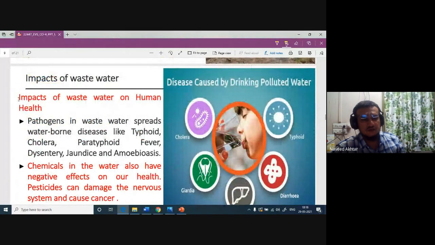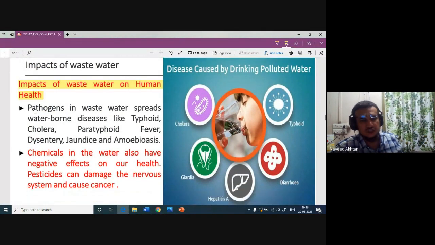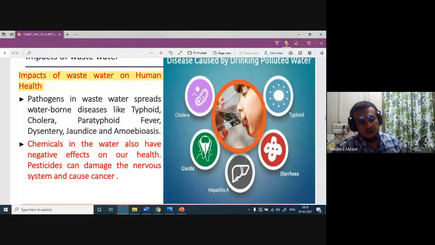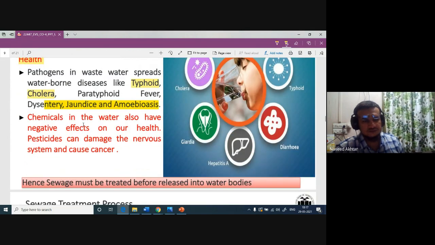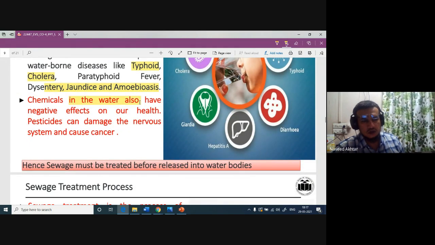Also, the impact of wastewater on human beings, we have already seen earlier. Pathogens in the wastewater spread waterborne diseases like typhoid, cholera, dysentery, and many other diseases, fever, diarrhea, hepatitis. These are the diseases caused by drinking polluted or wastewater. Chemicals in the water also have a negative effect on our health.